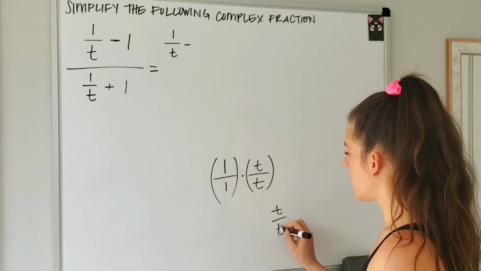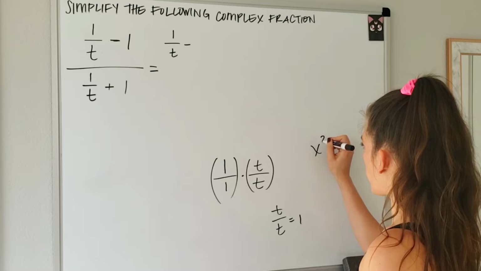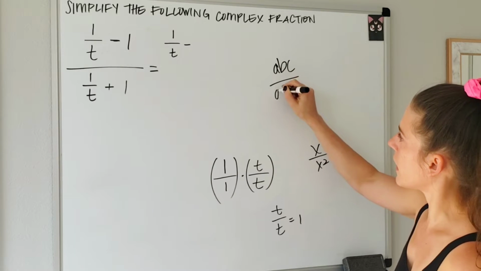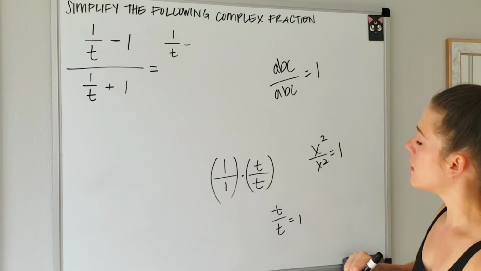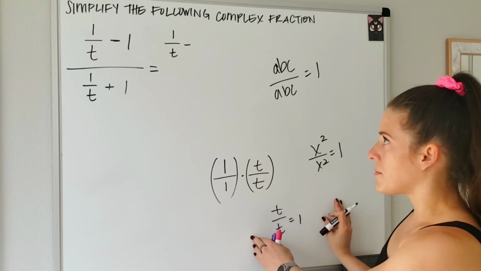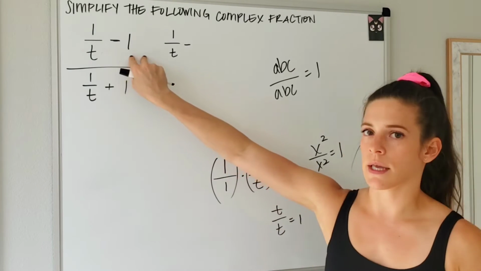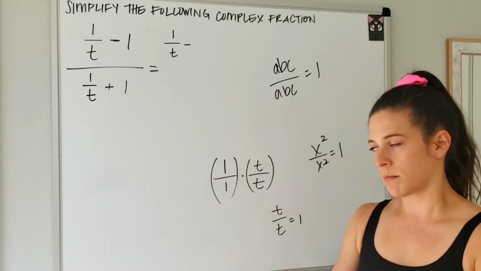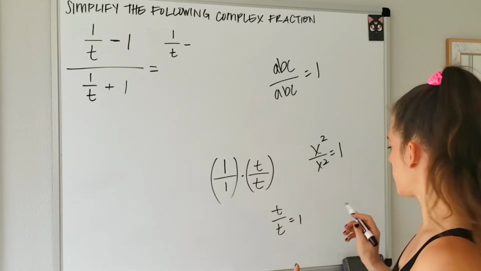T over t is 1. X squared over x squared is 1. ABC over ABC is 1. And we can use this concept to manipulate numbers like this to make them look like terms next to them so we can start to use them in conjunction with each other.